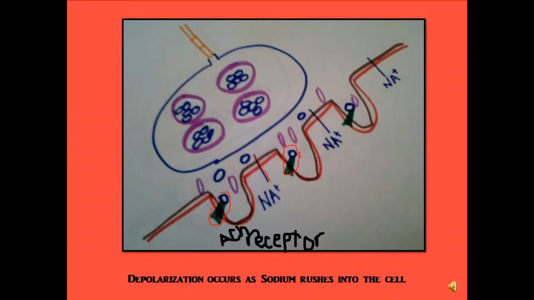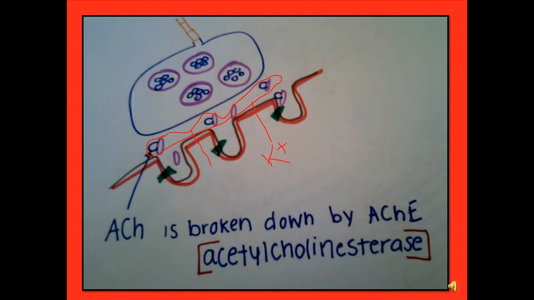Alright, now, once the acetylcholine is released, they go towards the acetylcholine receptors. By this action, it allows for sodium to rush into the cell membrane. After sodium rushes in, potassium is allowed back inside as well.